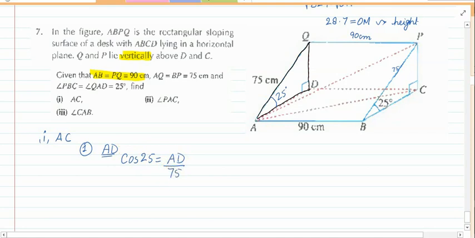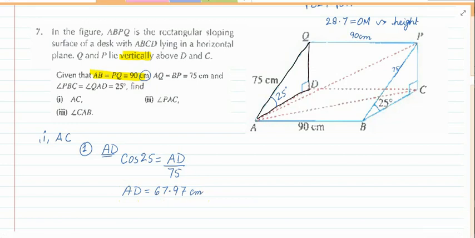So when you solve it, cos 25 multiplied by 75 is 67.97. So AD is 67.97, and the unit is centimeter because centimeter is given, right? So we have found the value of AD.